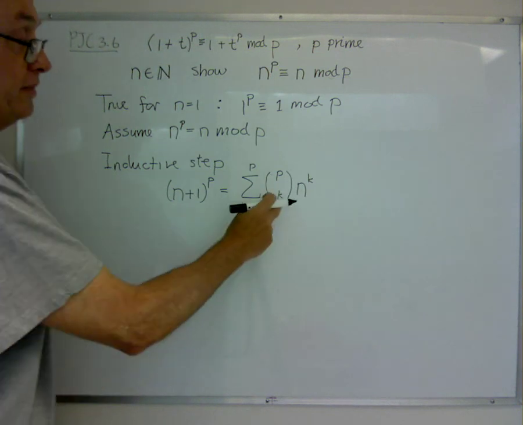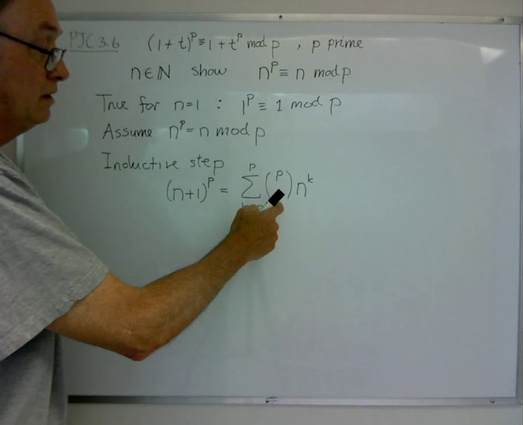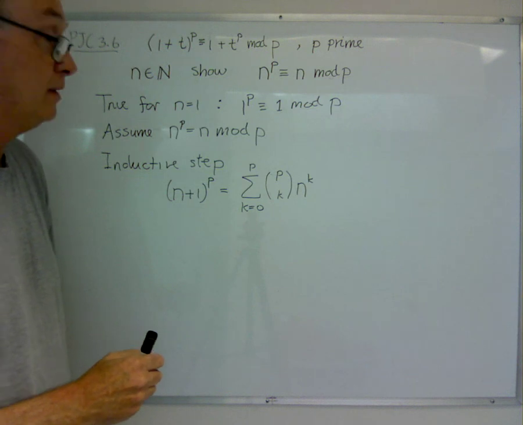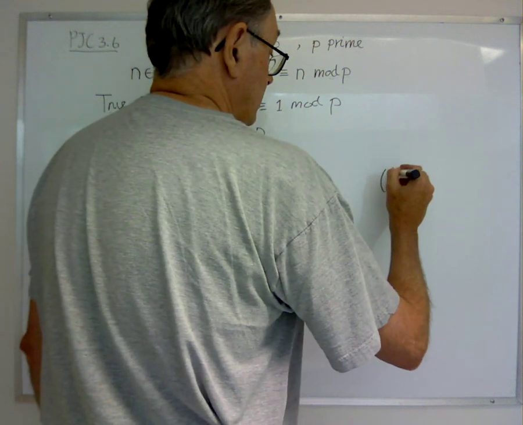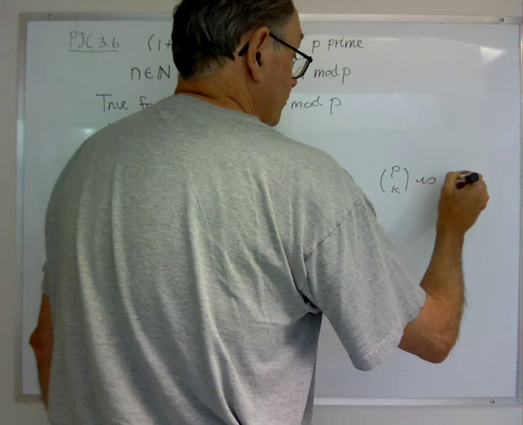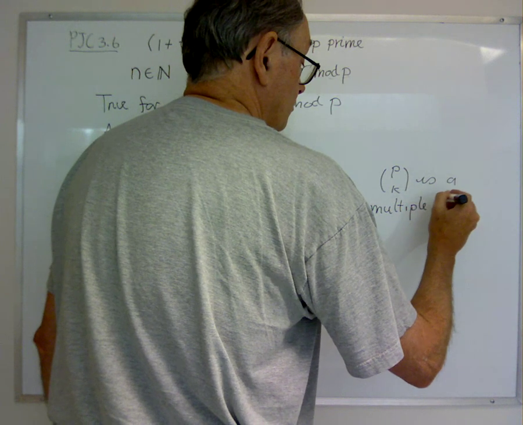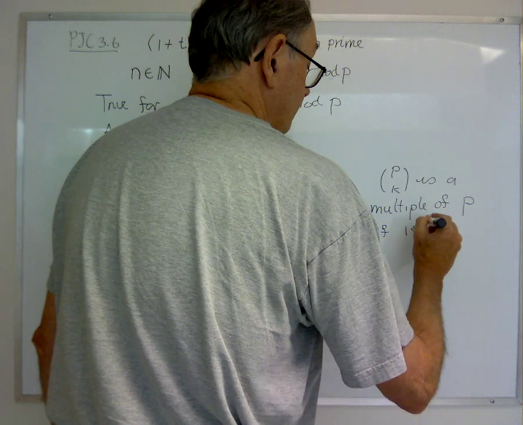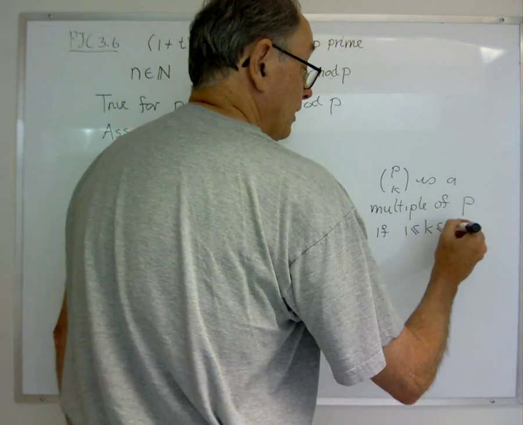Now what you notice about this binomial coefficient is if k is between 1 and p minus 1, it is a multiple of p. So p choose k is a multiple of p if k is at least 1 and for k up to p minus 1.